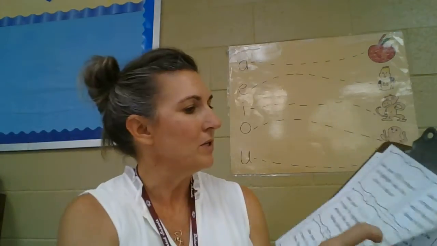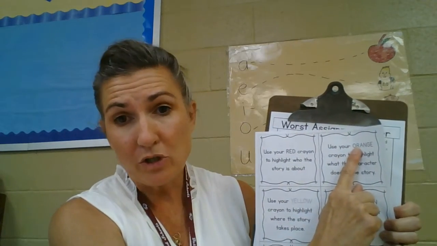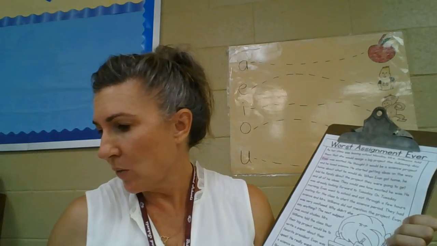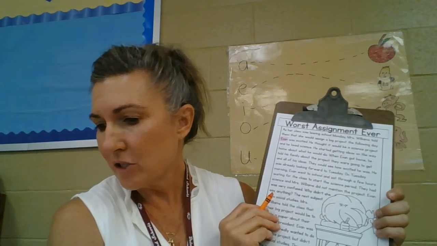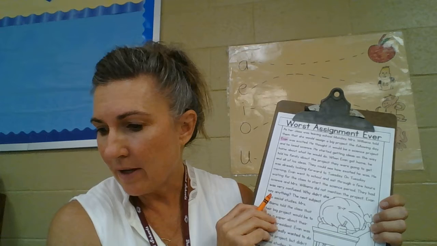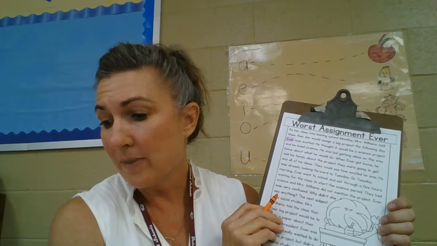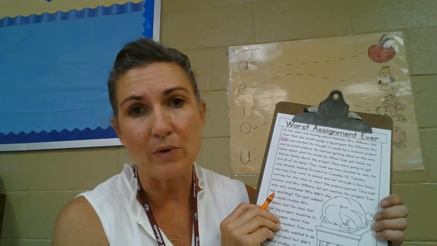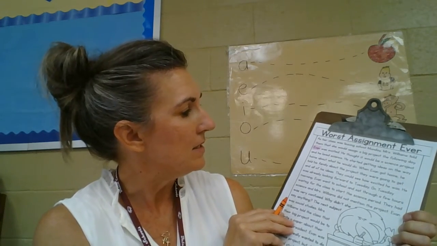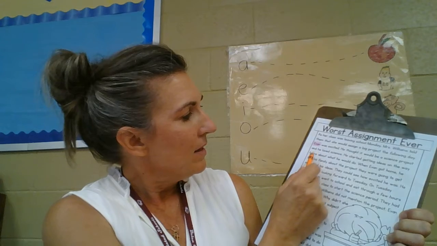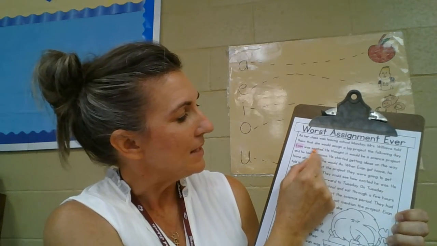Next, we are going to need our orange crayon. Okay, so grab your orange crayon. Our instructions say use your orange crayon to highlight what the character does in the story. So things that Evan does in the story. Let's see. He was excited.